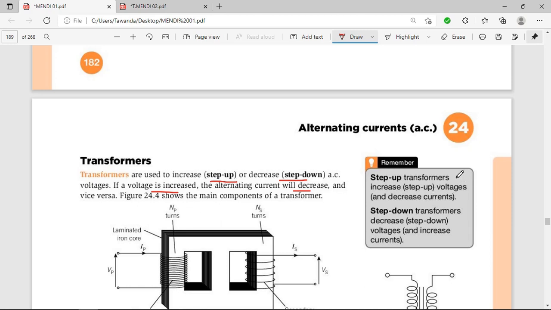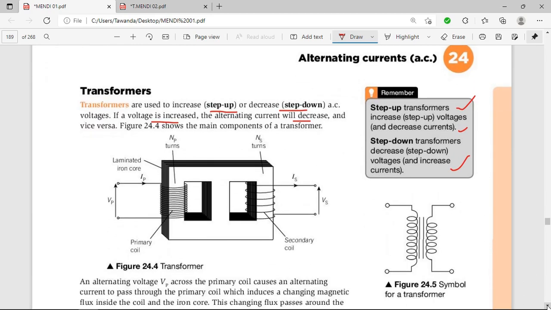So step up transformers step up voltages and decrease currents. Step down transformers step down voltages and increase currents. So here is a structure.